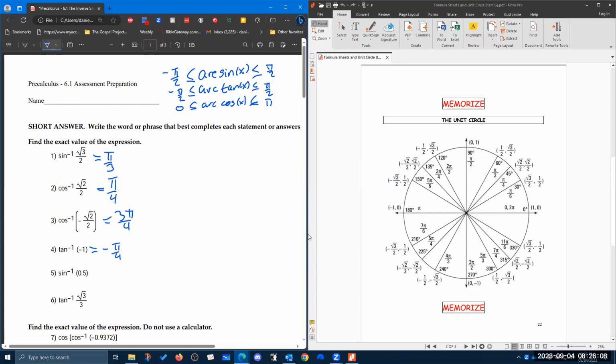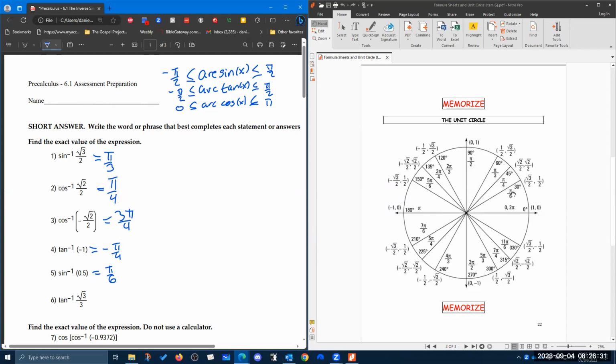Now I want sine to have a value of 0.5, which is the same thing as 1/2. So that's right here at 30 degrees, or pi over 6. And last but not least, I want tangent to have a value of √3/3. That really is the same thing as 1 over √3.